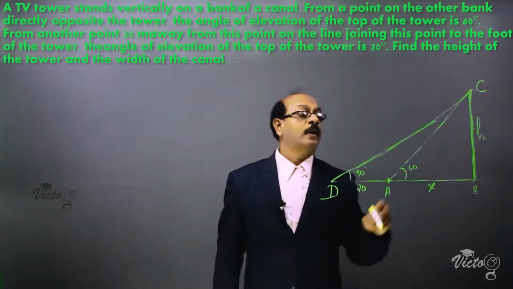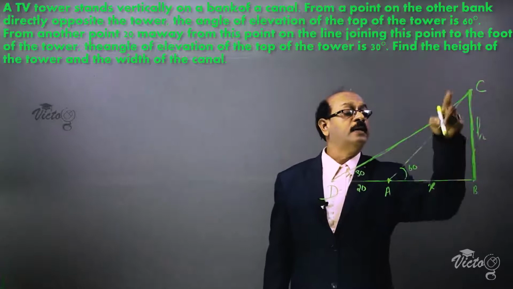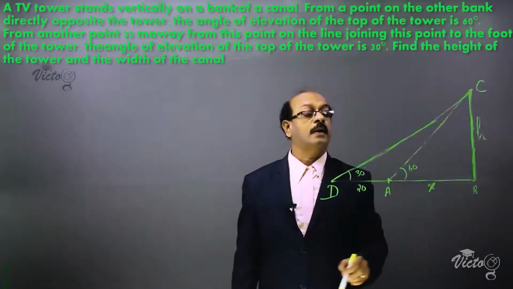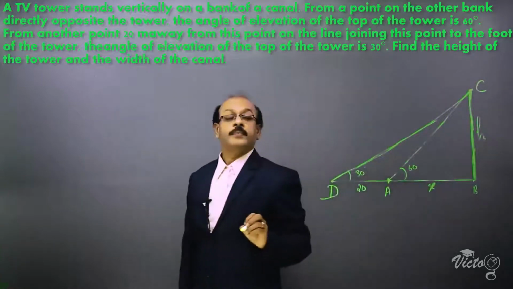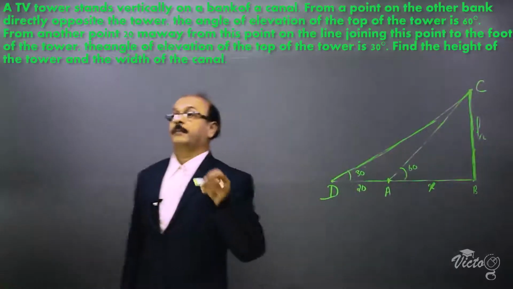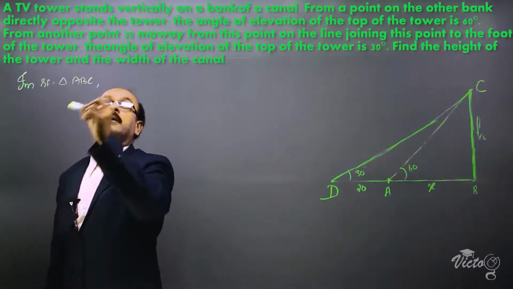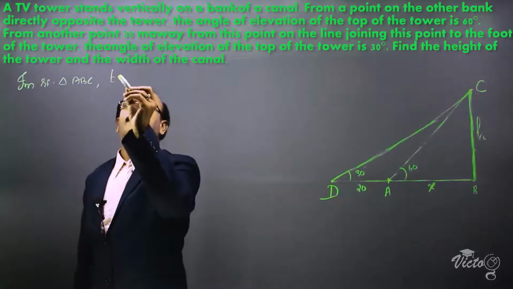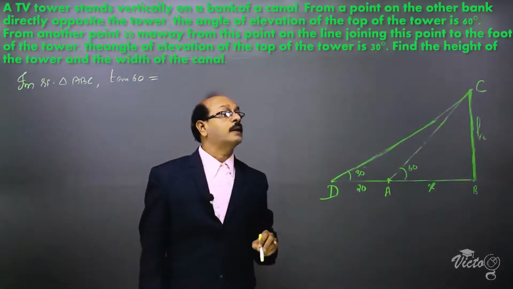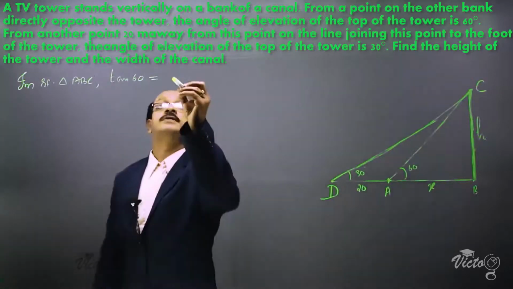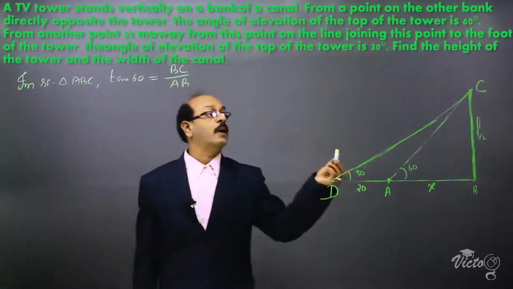For that, the angle A is equal to 60 degrees, and BC, h, is the opposite side and x is the adjacent side. So we take tan 60 in the right triangle ABC. Tan 60 is equal to opposite side by adjacent side, BC by AB.